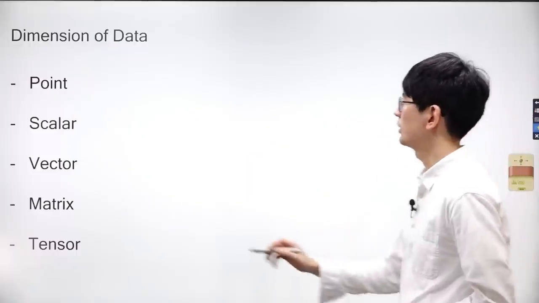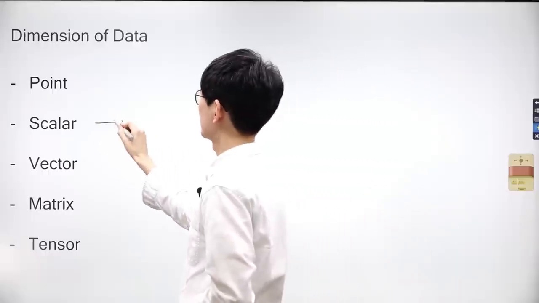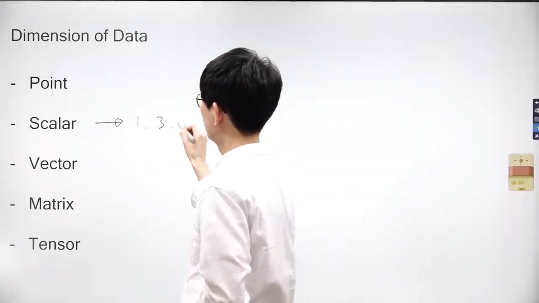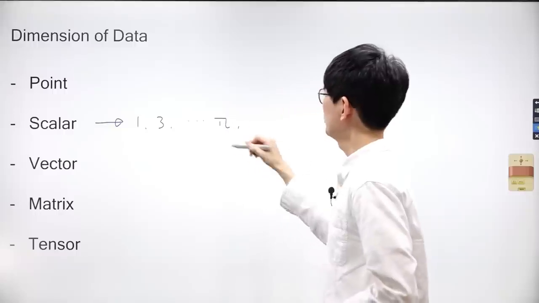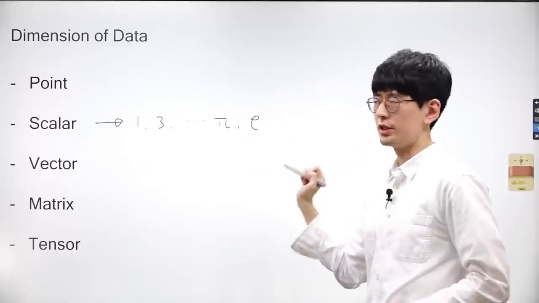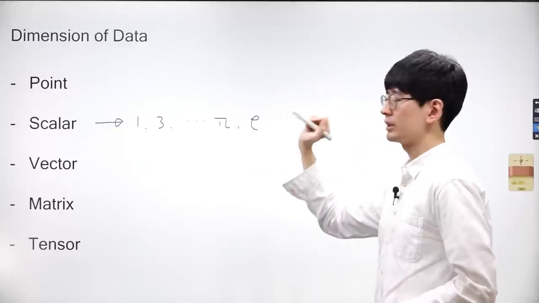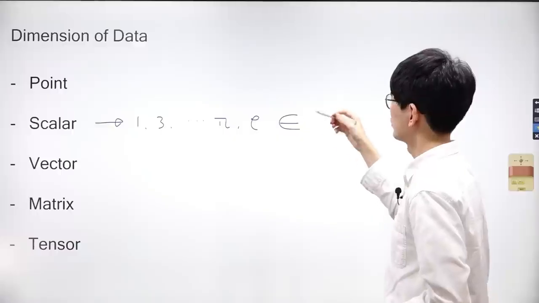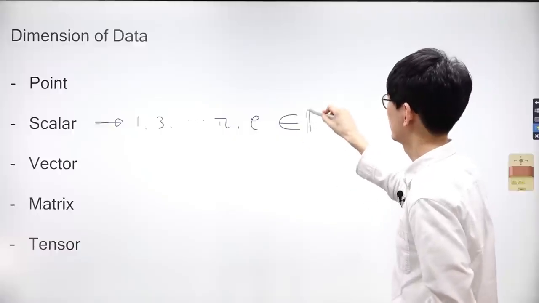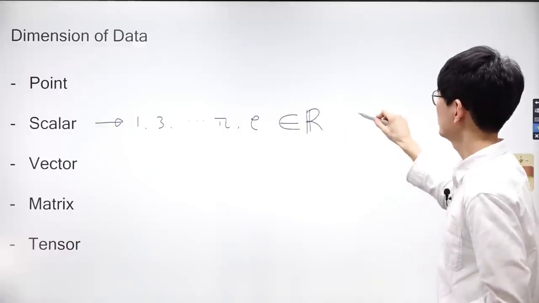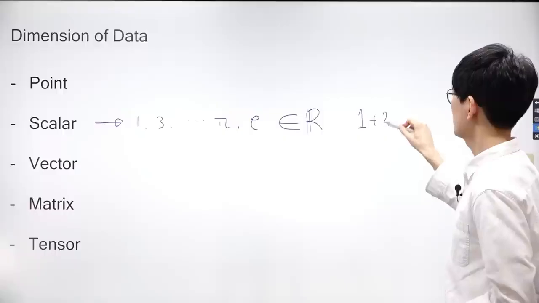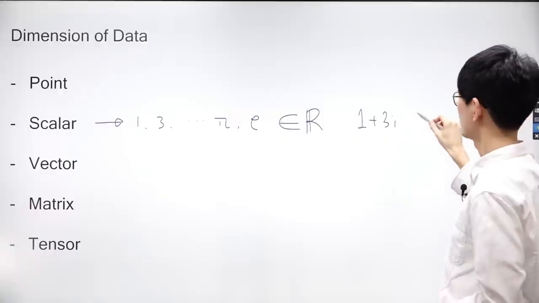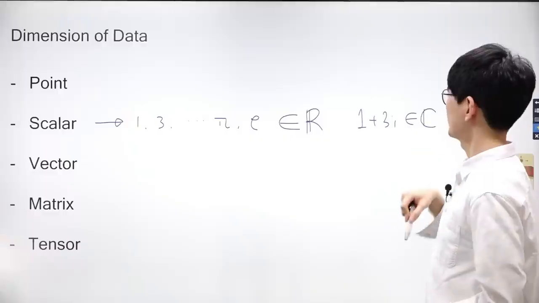For example, these scalars are numbers, and numbers like 1, 3, or even pi are scalars. So these scalars belong to the real number domain. Or if it's something like 1 plus 3i, it's a complex number, so it belongs to the complex number domain.